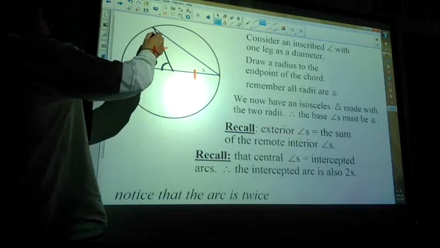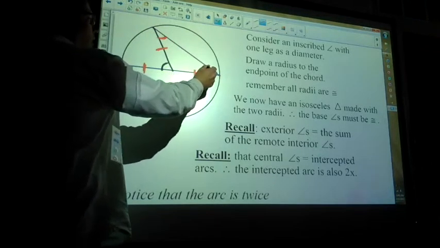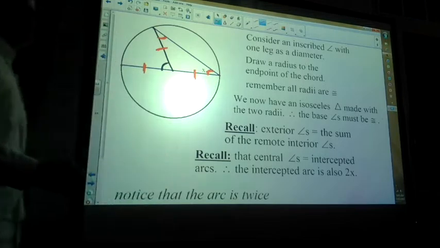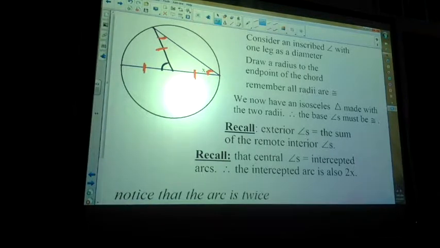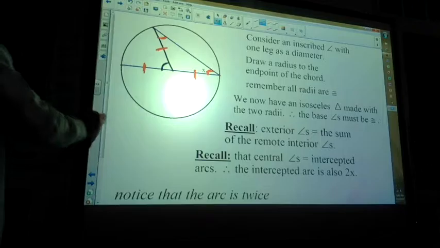So this angle here and this angle here are congruent to each other. Exterior angles are equal to the sum of the remote interior angles. Recall that the central angle equals the intercepted arc. So note that the arc is twice as big as the actual angle.